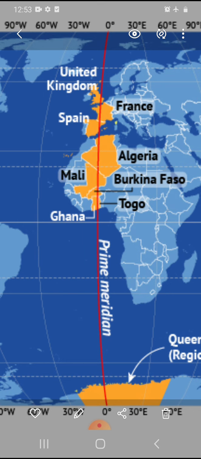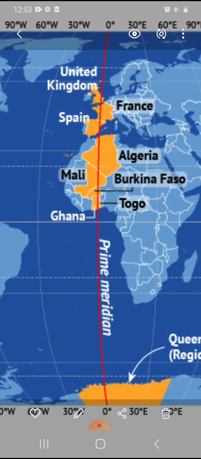Because this line passes through the Royal British Observatory. Greenwich is the place where the Royal British Observatory is situated. So this line is known as the Greenwich meridian.